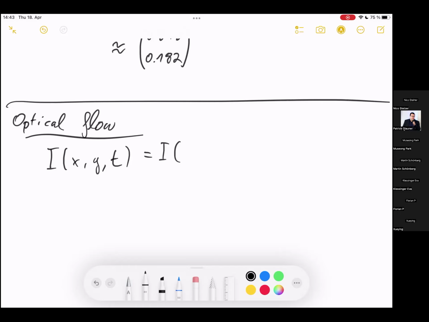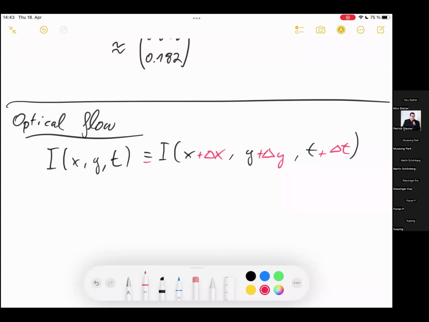We say it's x, y, and t, but we add something on top: x plus delta x, y plus delta y, and t plus delta t. And we assume that they are the same now.